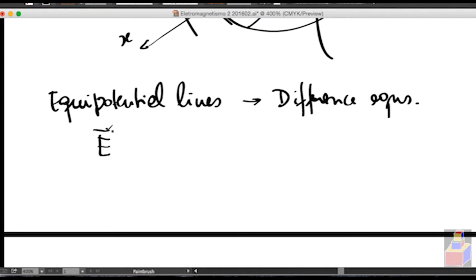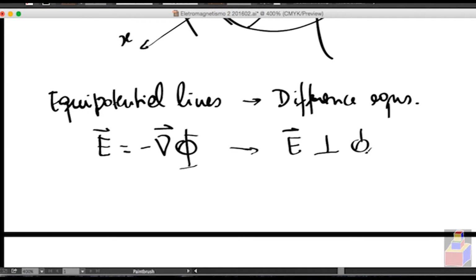The E field, if you study electromagnetic theory, is well known to be related to the potential distribution by the gradient, something like this. So this is the same as to say that the E field is orthogonal to the equipotential line, which are the traces obtained by constant potential, right? So that's the principle.